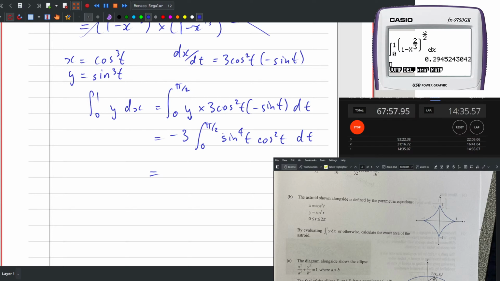Because you're given. Wait, but you have to do it for sine instead, right? Basically, instead of doing it for cos, you do it for sine. So negative 3 integral from 0 to pi on 2 of sine 4t times 1 minus sine squared t dt.